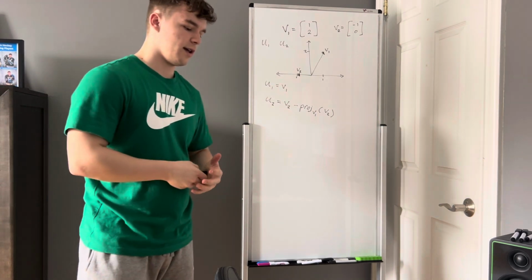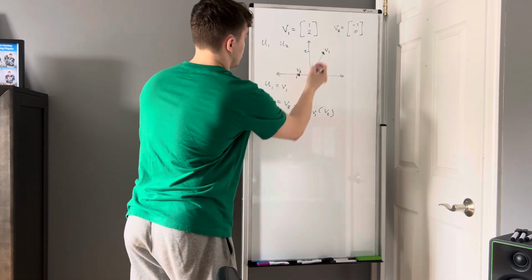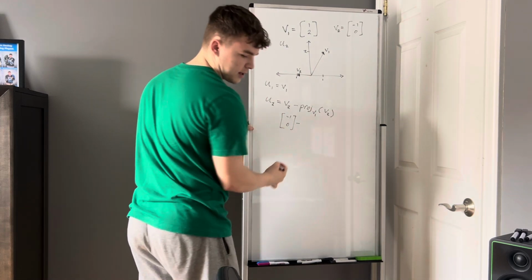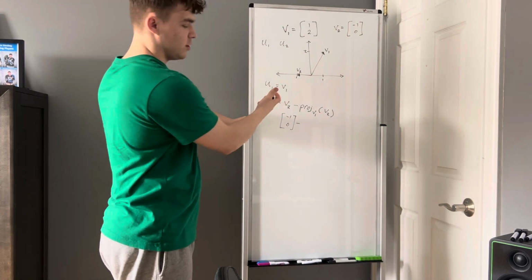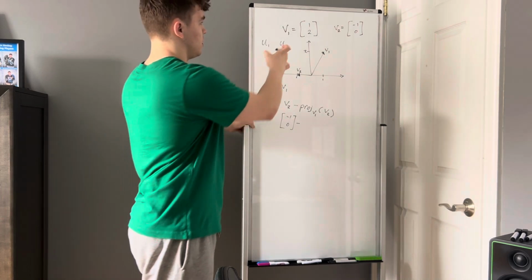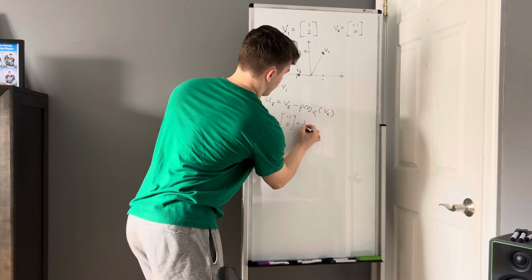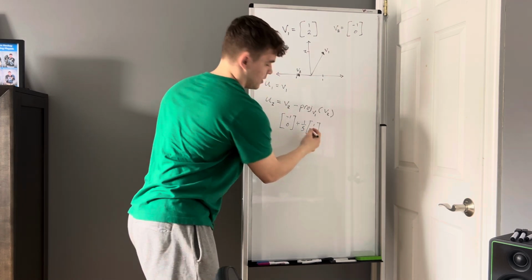So what you're going to get here is that U2 is V2, which is minus 1, 0, and then we're going to subtract. In the past video, we found the projection of V2 on V1 to be 1 over 5 times the vector 1, 2. So we're just going to subtract 1 over 5 times that vector.